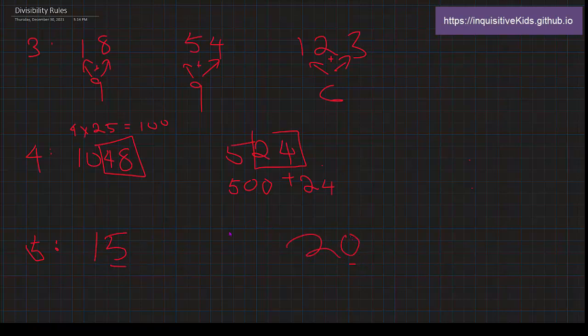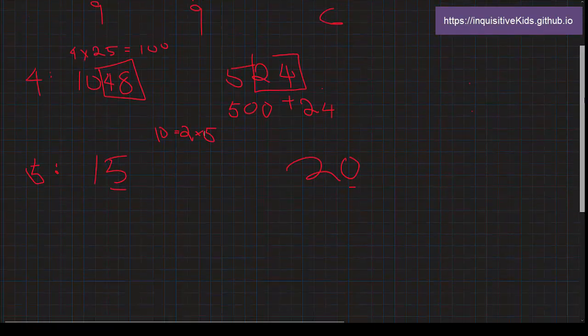Every single time you see a number that ends in 5 or 0, you know it works, because the digits before the ones place are tens and above, and all tens are multiples of 5 already. So all we have to do is look at the ones place and see if that is a multiple of 5, and that works the same way as our 4 rule.